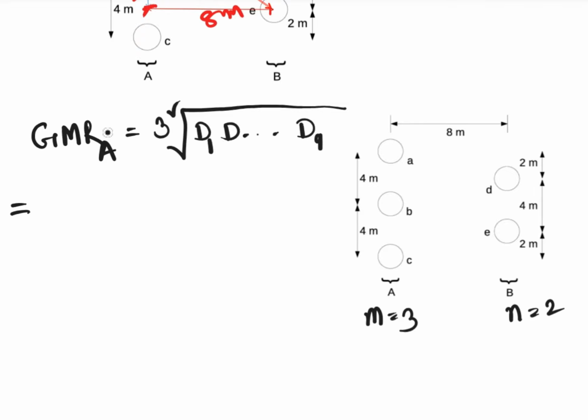So D1 to D9 distances will be within this circuit A. So 3 square means 9, of course.